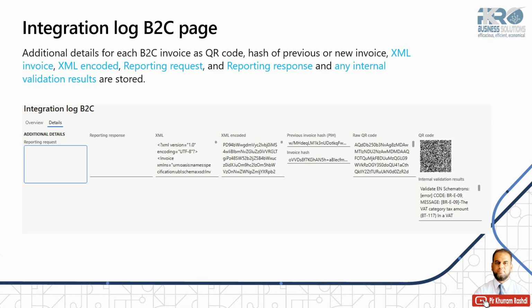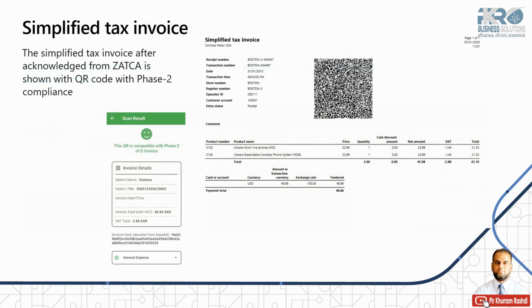So it gives you peace of mind to fix those errors internally. Sometimes the national address is missing, sometimes the VAT number is missing, sometimes the CR number is missing, and similar typical errors which we can fix easily. These are the major parts in the log B2C page.